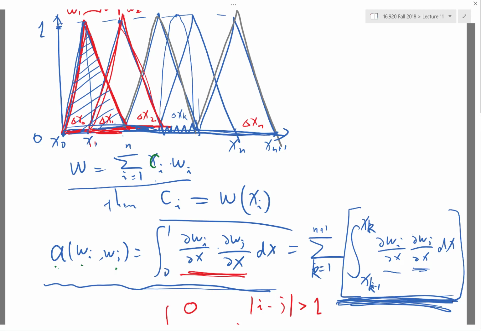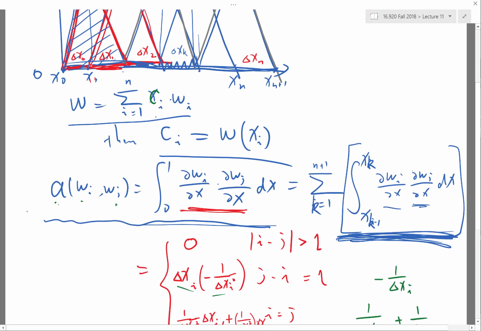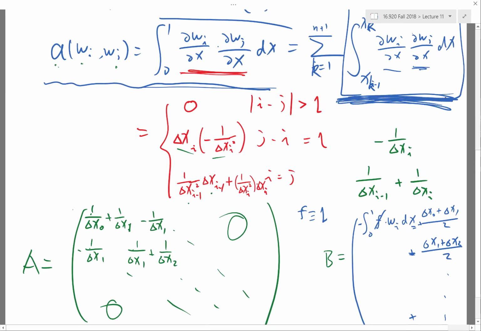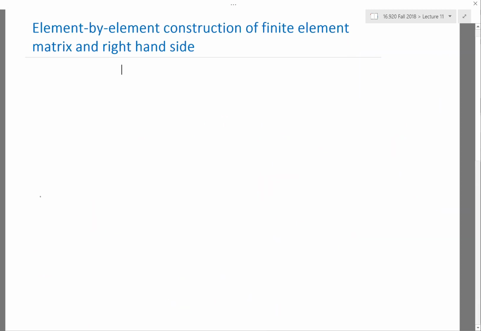All right, so in this case, we can look at what these element matrices are. For example, the first element, k equal to 0. We are looking at the first element.